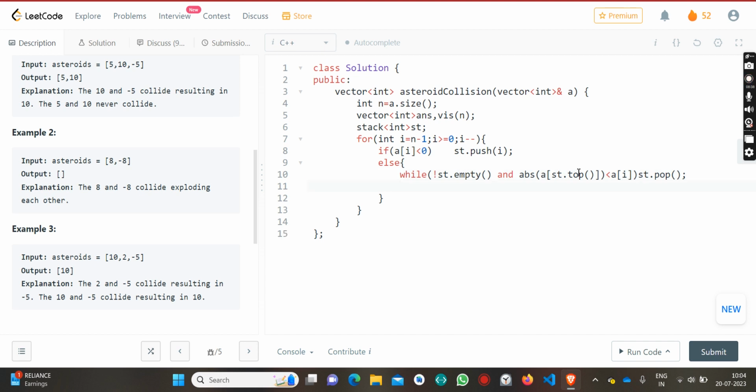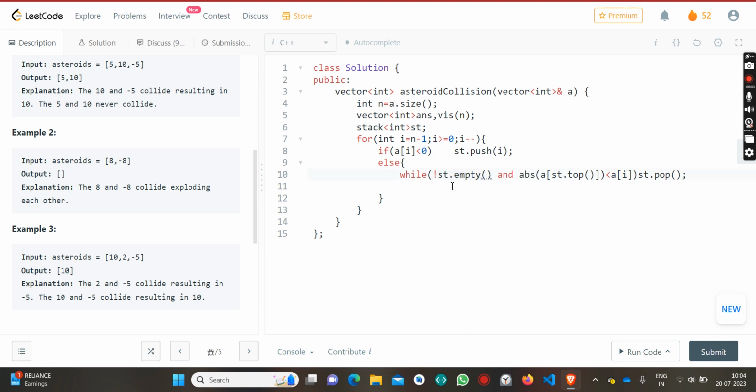Okay, now if I am getting out of this loop, there can be two conditions. What can be the two conditions? Either the stack will get empty, means there doesn't exist any asteroids on the right which is moving to the left and which is having a size less than this.